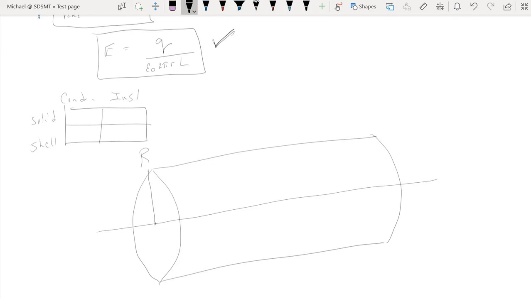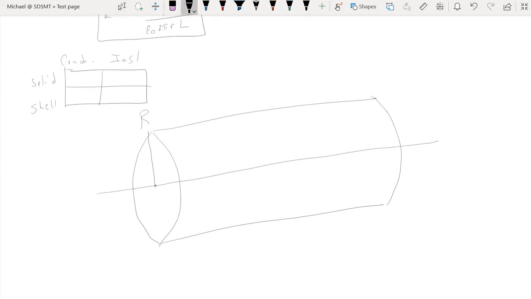What we're going to see next is very similar to what we saw when we went inside of the charged spheres. If we start with a solid conducting cylinder, all of our charge will distribute itself about the surface of the cylinder.